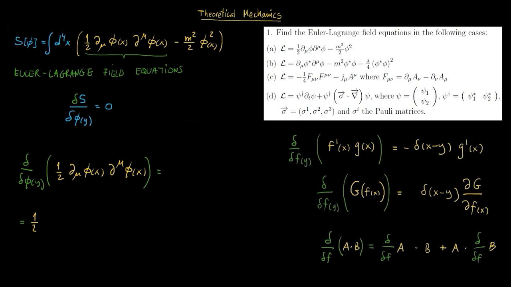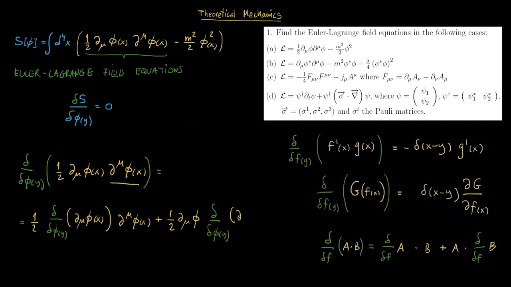So this will be the functional derivative with respect to phi(y) of ∂_μ φ(x) times this term, plus the first term that stays the same times the functional derivative with respect to phi(y) of ∂^μ φ(x).